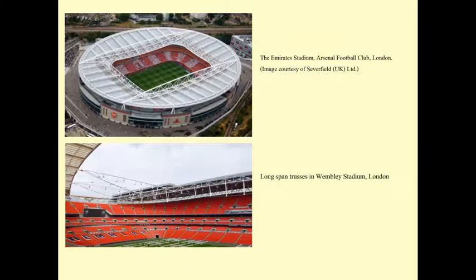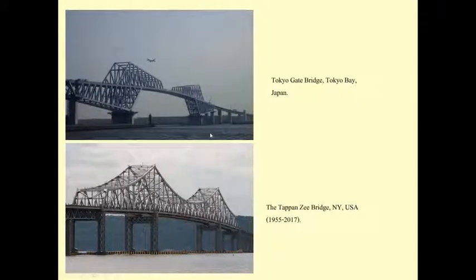And next, we go to see the bridge. This bridge is the Tokyo Gate Bridge at Tokyo Bay. I think it's very close to Narita International Airport, so you have the picture of the airplane here.